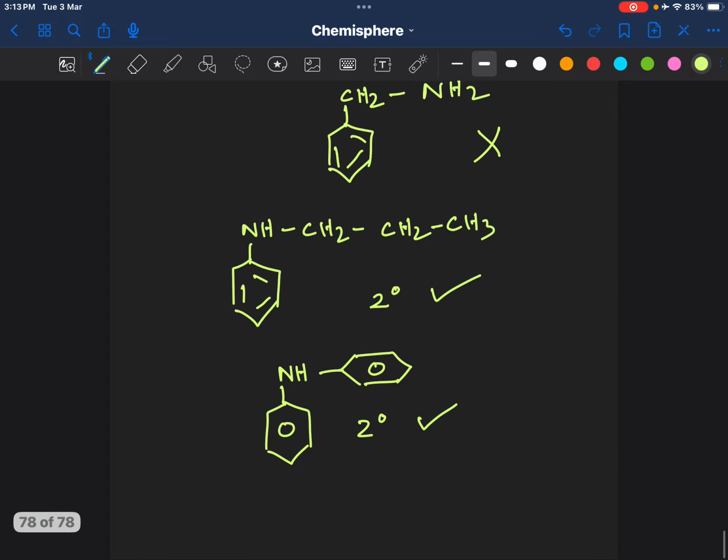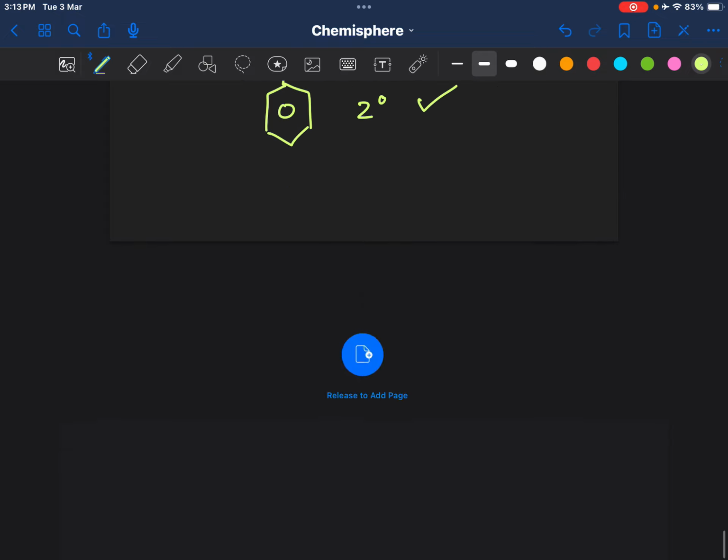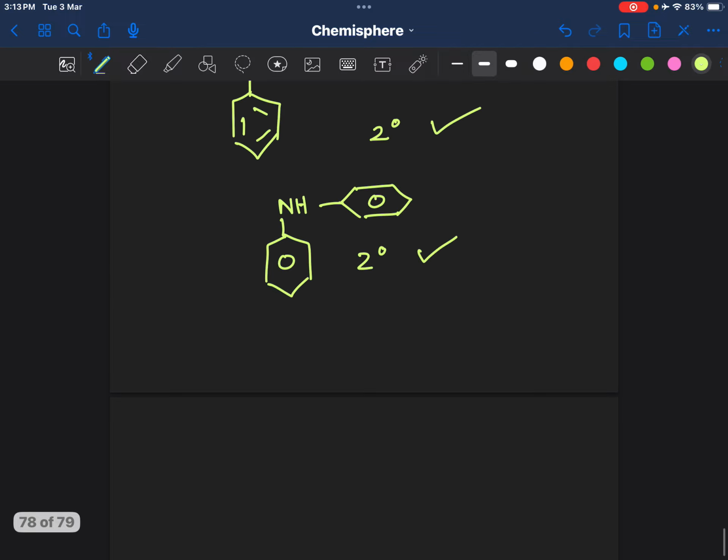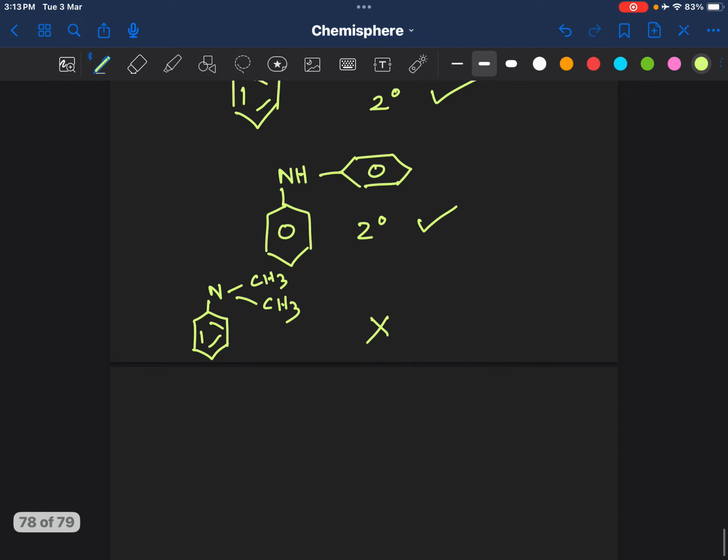Next is N,N-dimethyl aniline, which is N CH3 CH3 on the ring. Again this is tertiary, not going to work. Allyl amine is C double bond C, then NH2. Again this is primary, not going to work.